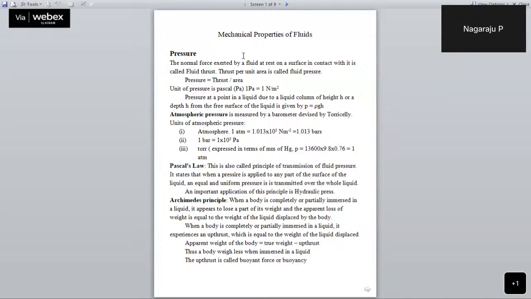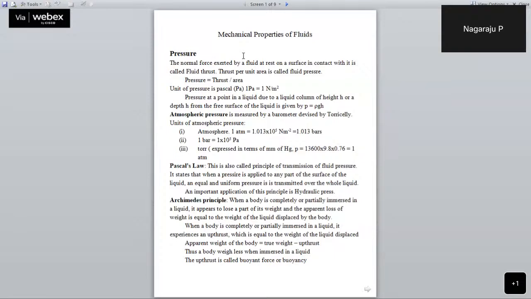It is the normal force exerted by a fluid at rest on a surface in contact with it, called fluid thrust. So thrust is nothing but the force, and thrust per unit area is called the pressure.